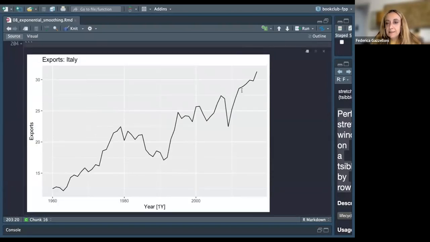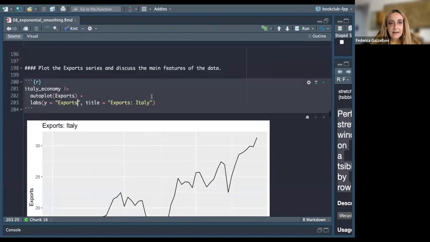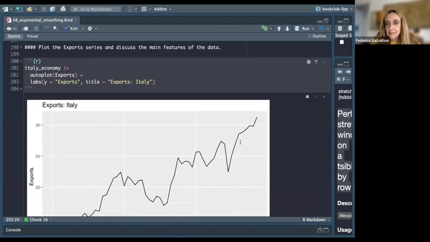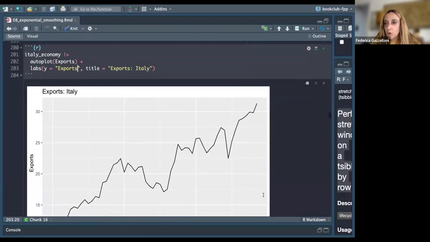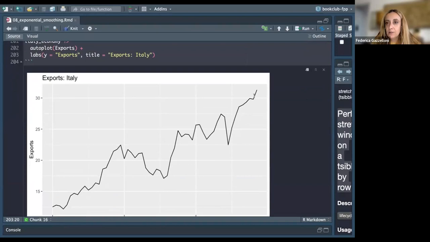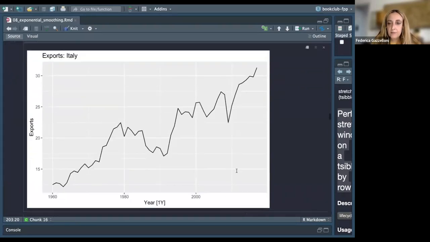But now apparently, the data are up to 2017. So there is no information about COVID or other things. So it's steady growing from 2010.